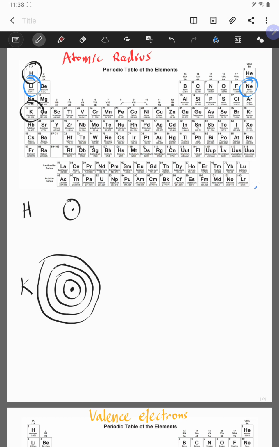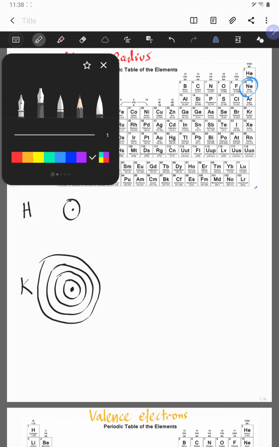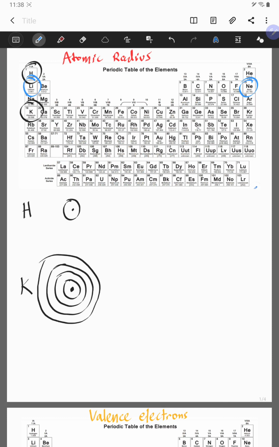You might also think, okay, well, potassium has 19 protons and however many neutrons, so it has a bigger nucleus as well. But let's look at that. It's definitely bigger inside of potassium. But let's look at how big the nucleus is compared to the rest of the atom. I've got this whole atom here, and then this tiny nucleus in the center.